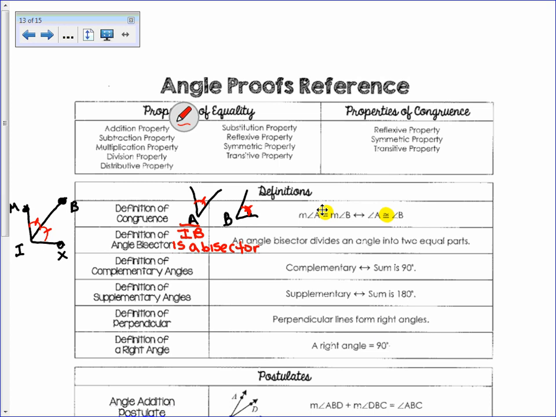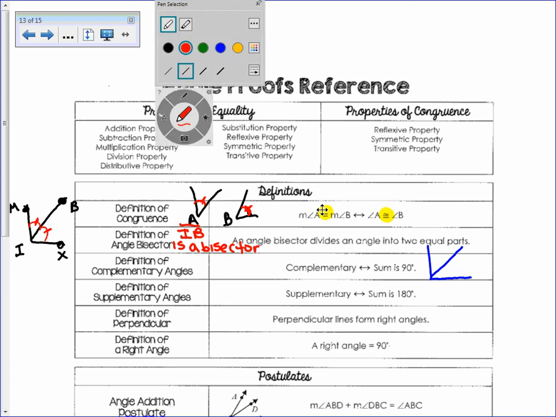Now, for the third one, definition of complementary angles. Complementary angles have a sum that is 90 degrees. So if I have a right angle and it's split into parts, I can conclude that the sum of these two angles, call this angle 1 and angle 2, I can conclude that angle 1 plus angle 2 equals 90 degrees.